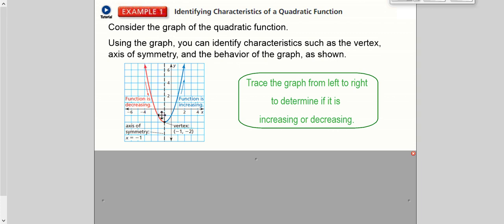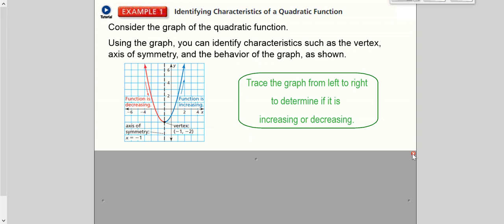So this part is decreasing on the left side of the vertex. On the right side of the vertex, it's increasing. We have our axis of symmetry, chops through the x-axis at -1, so the equation of that line is x equals -1. The vertex goes left 1 and down 2. That is the point (-1, -2).